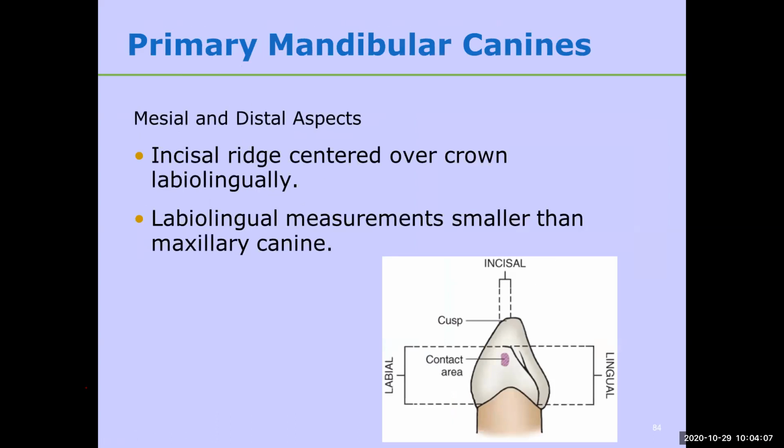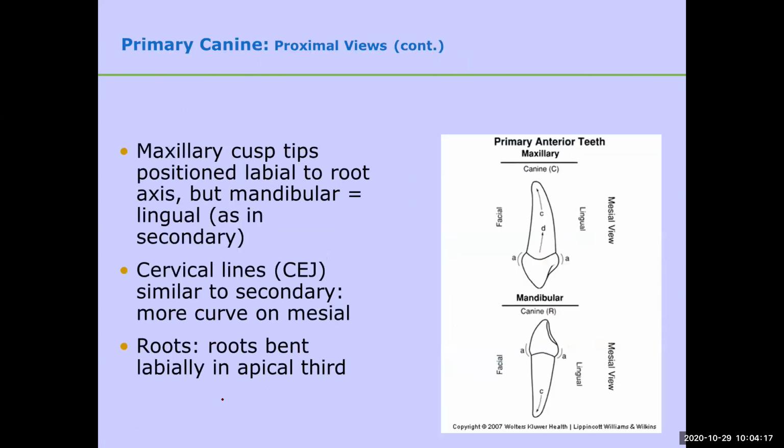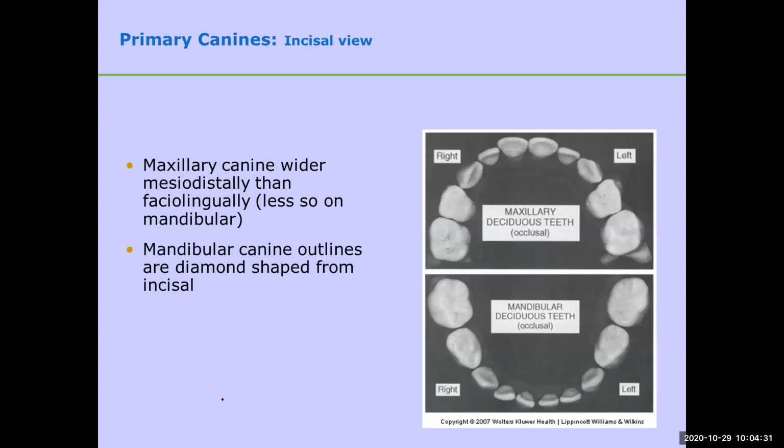It's a nice straight up and down tooth. Curvy CEJs. The roots are bent labially in the apical third for more anchorage. They're wide teeth.